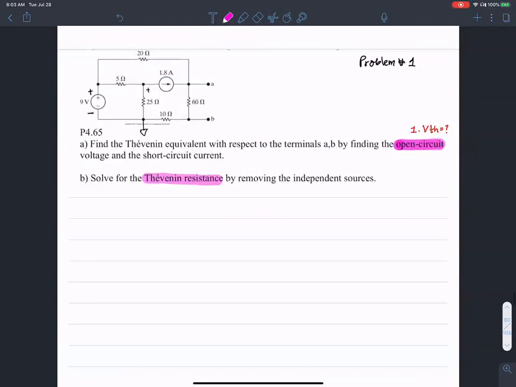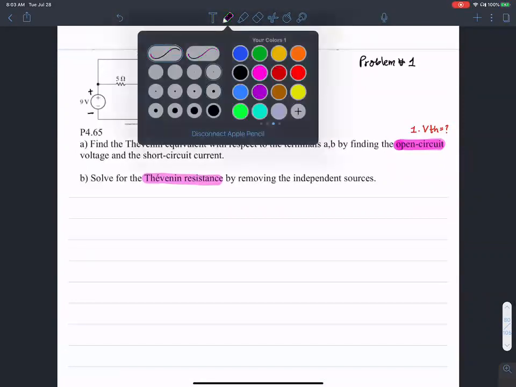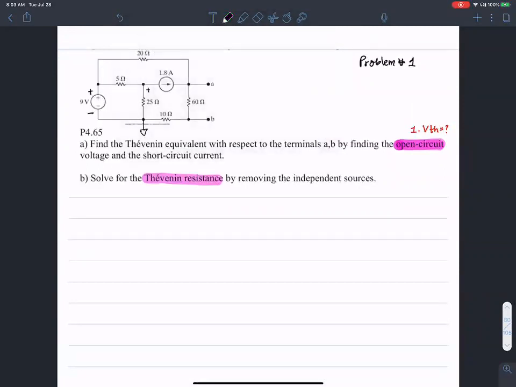So this guy, let's start with this guy. And the problem is that we want to find the Thevenin's equivalent of this guy. So in other words, I'm interested in finding this Thevenin's voltage and the Thevenin resistance.